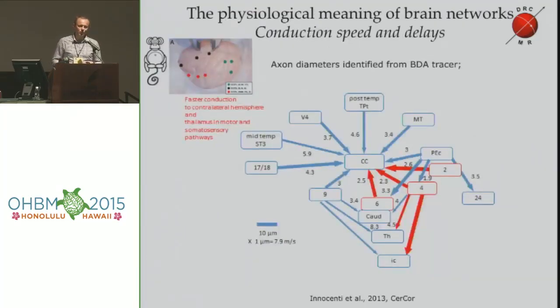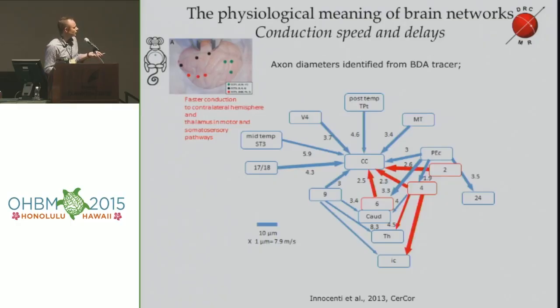So actually, the white matter that we are mapping with tractography has a physiological meaning. It's not just a connection from A to B. It actually has a conduction speed and delays in the brain. The meaning of white matter is really to ensure how signals communicate in the brain, and to ensure the function in how we actually work in daily life. An example has been shown here by Giorgio Innocenti and his colleagues.